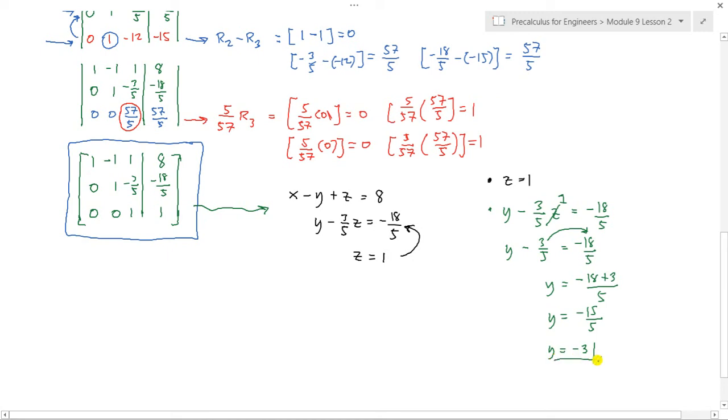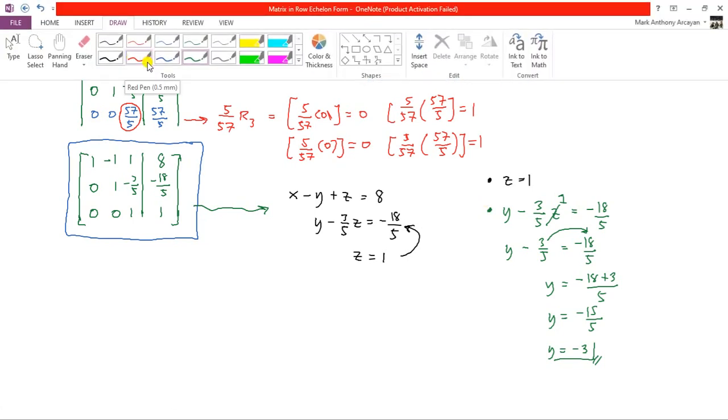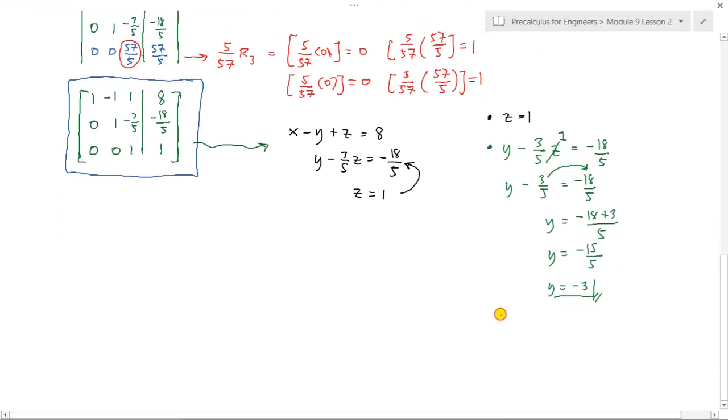So therefore, our z is equal to 1, y is equal to -3, and finally, sa first na itong equation, which is first row in the equivalent augmented, so that is x minus y plus z is equal to 8. Then here, x minus -3 plus 1 is equal to 8. Then that is x plus 4 is equal to 8.